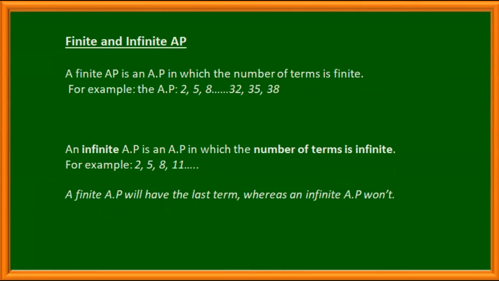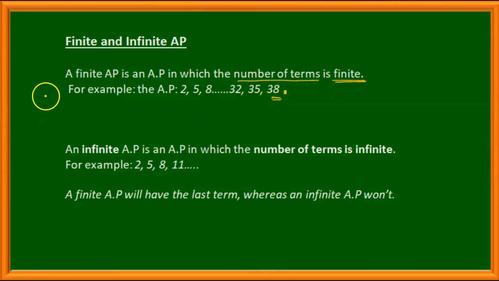Now let's go for finite AP and infinite AP. In a finite AP, you can see it is terminated: 2, 5, 8, etc., ends with 38, which is the last term. So a finite AP is an AP in which the number of terms is finite, a limited number of terms.